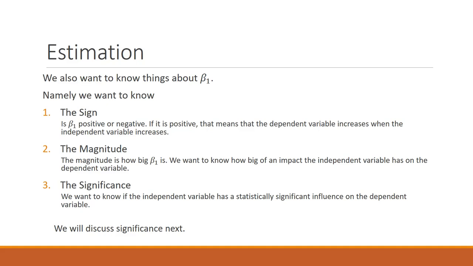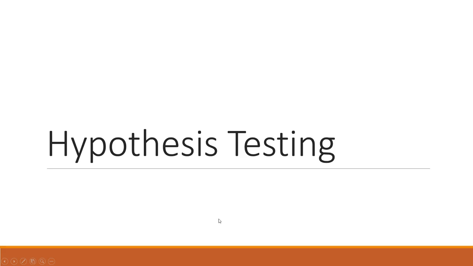So we also want to know whether or not our beta 1 is statistically significant. We're going to discuss that next. We're actually going to do hypothesis testing with our regression analysis.